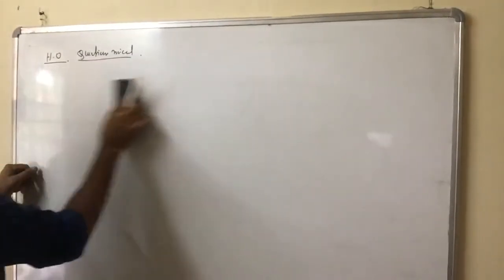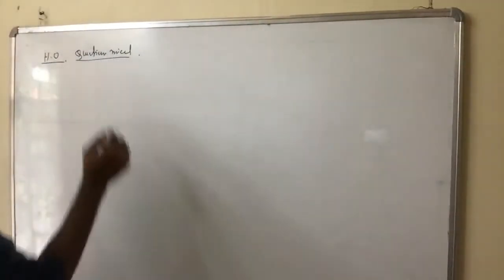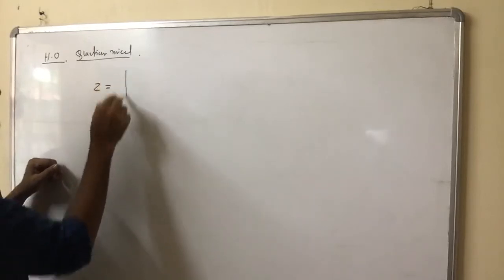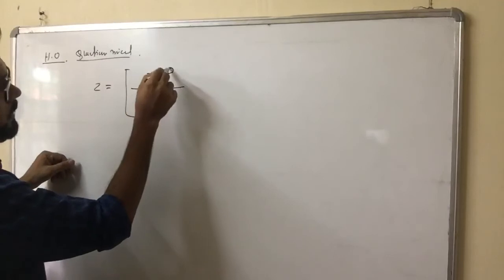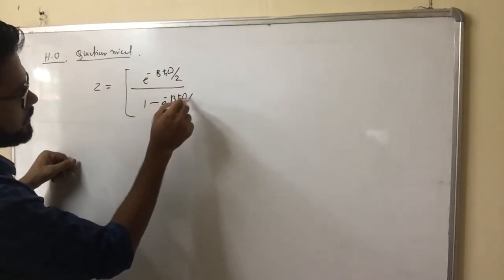So the partition function I am starting from here. Z equals e to the power minus beta h cos omega by 2, over 1 minus e to the power minus beta h cos omega. This is what I can express. If we divide the numerator and denominator by this term, the numerator becomes 1, and the denominator becomes e to the power plus beta h cos omega by 2 minus e to the power minus beta h cos omega by 2.